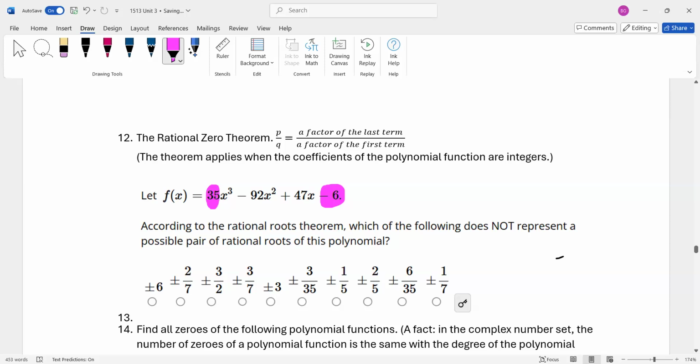So rational number, the definition for rational number, simply put, you can see a rational number as any number that can be written as a fraction. The formal definition for a rational number is any number that can be written as the quotient of two integers. So this is an integer.